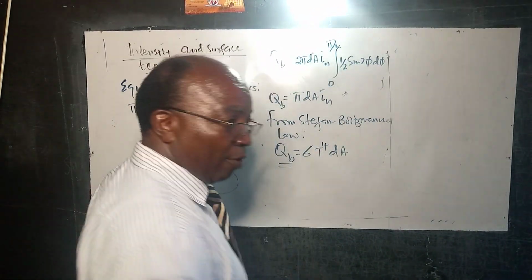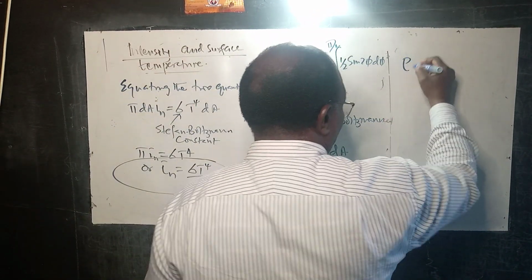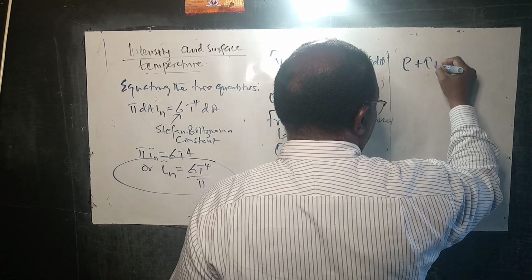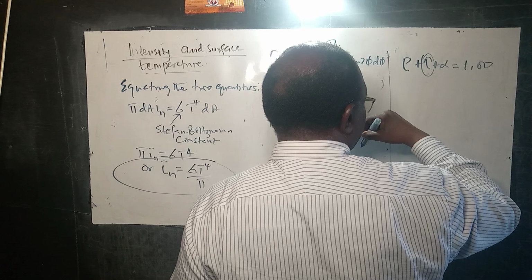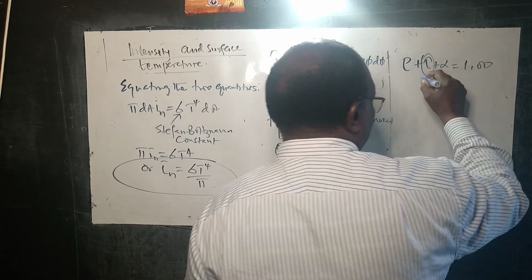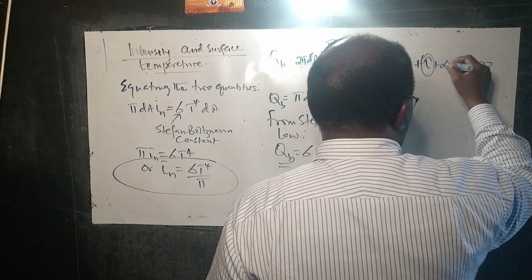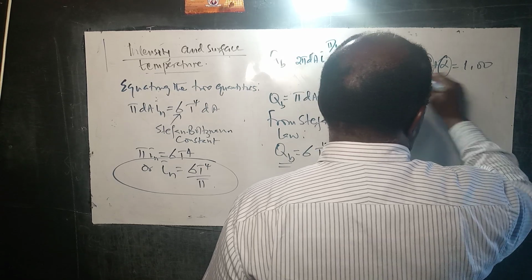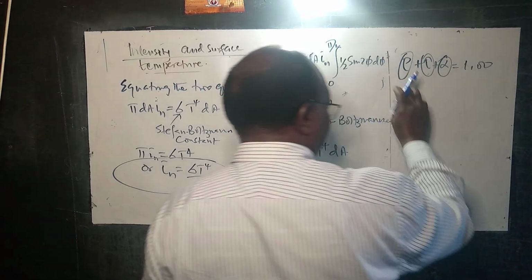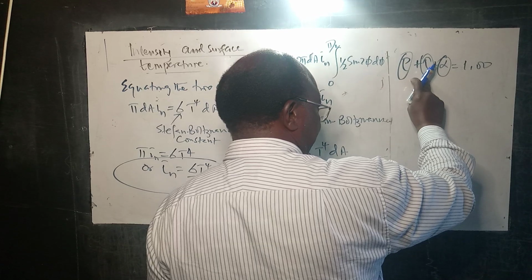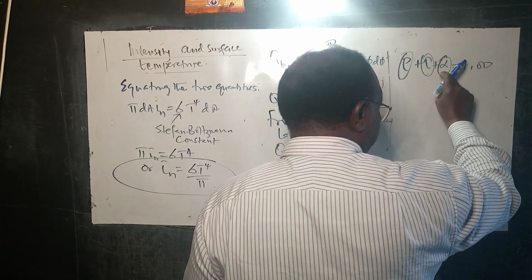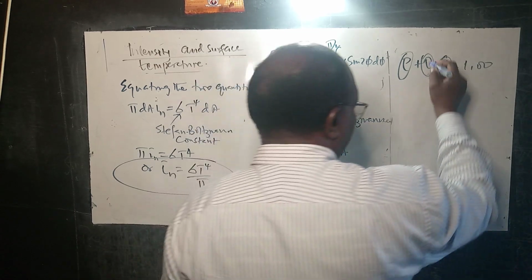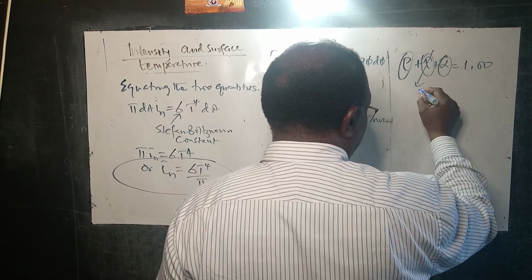Remember, we had talked of rho plus tau plus alpha equals 1. That was the reflectivity, transmissivity, and then absorptivity. And we said that in most of the materials, transmissivity is 0.